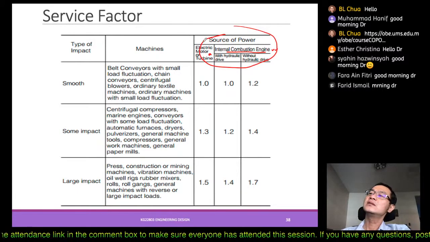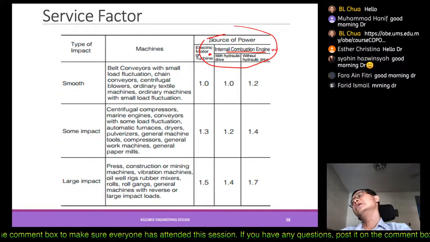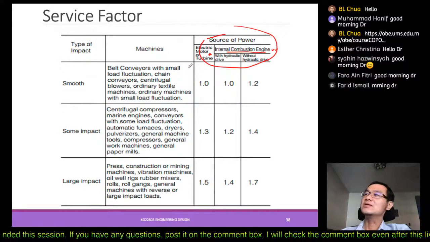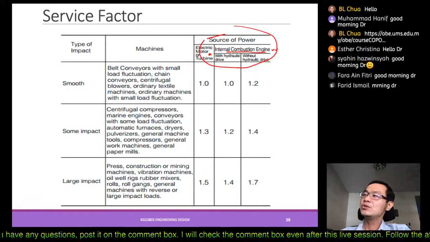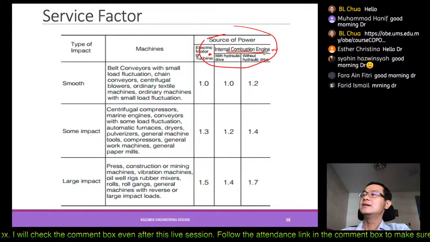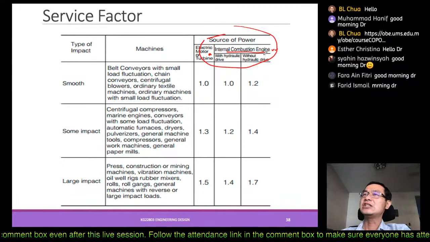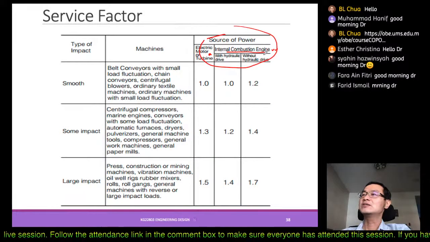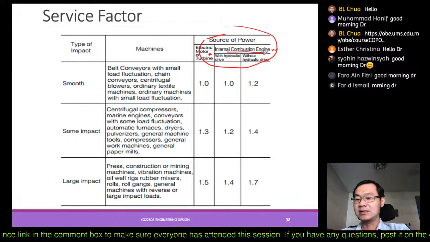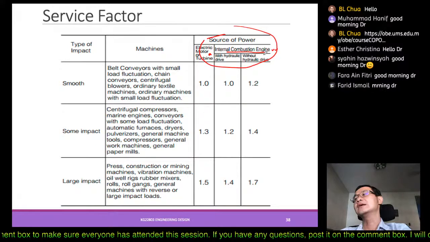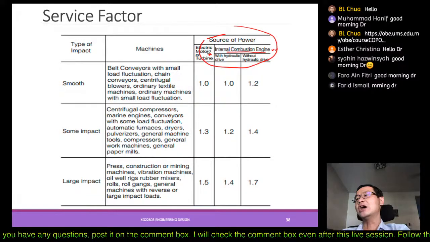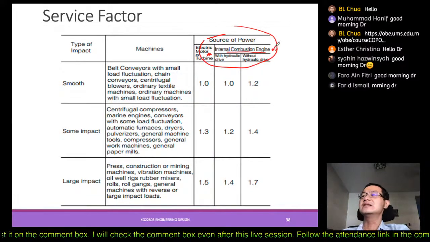You will notice that in the previous belt, generally they only put an AC motor, because they don't expect us to use the belt with the engine, because the engine is very hot, so it will affect the lifespan of your belt when it is used closely. But for a chain, this is the case where you have the options of electric motor and the engine itself.